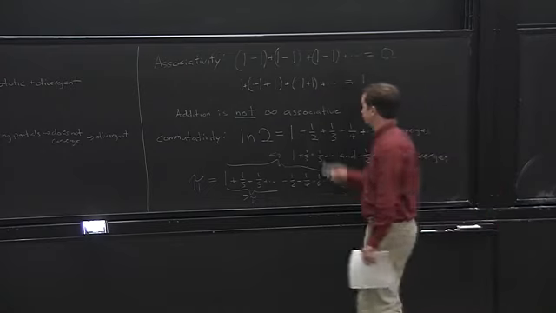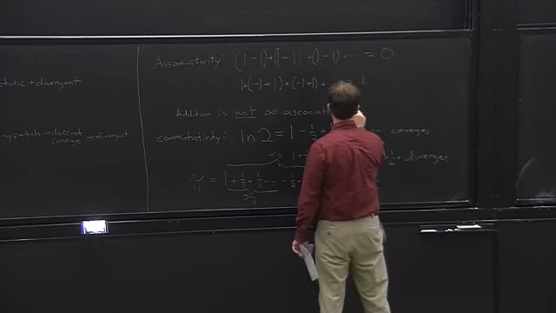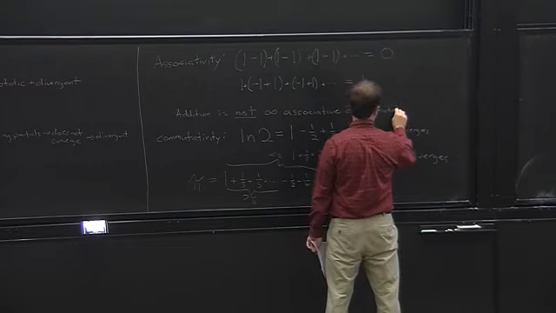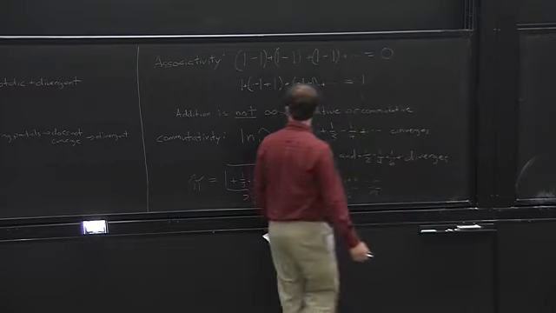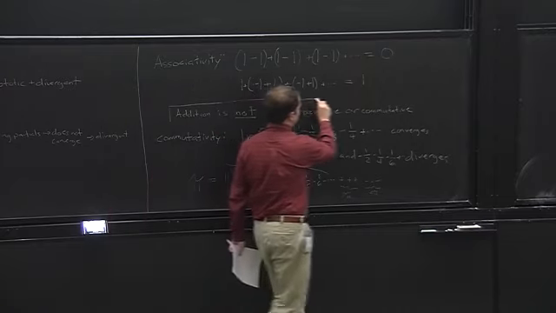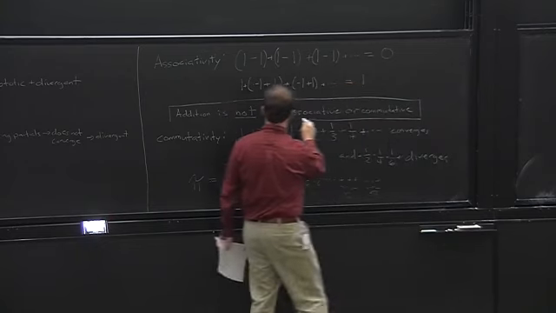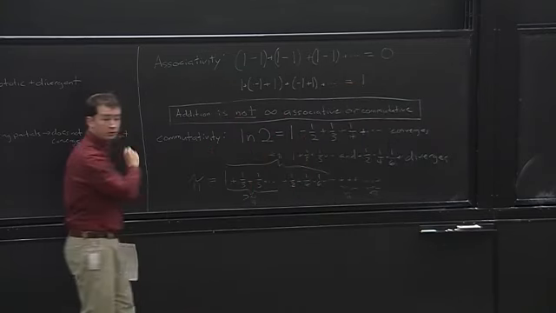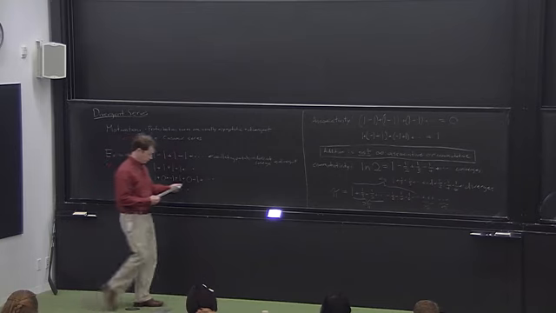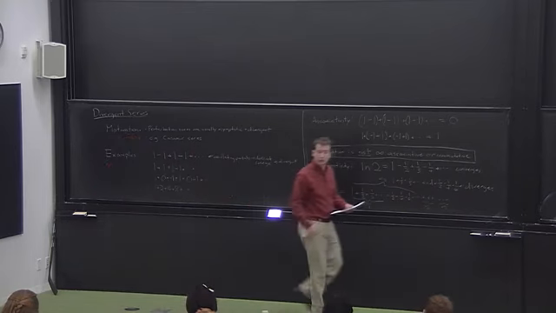So addition is not associative or commutative. So these are two things we're not allowed to do when we're working with divergent series.